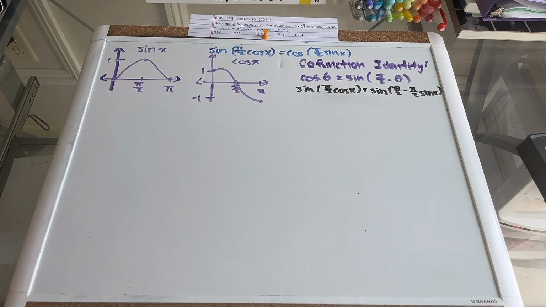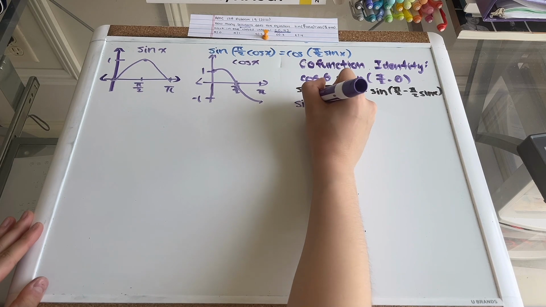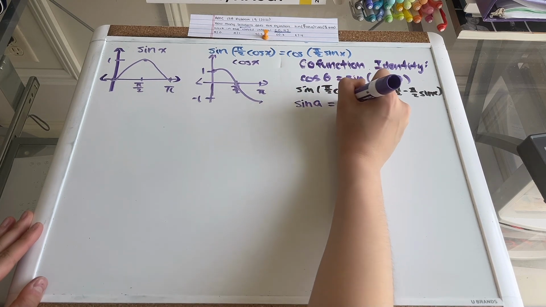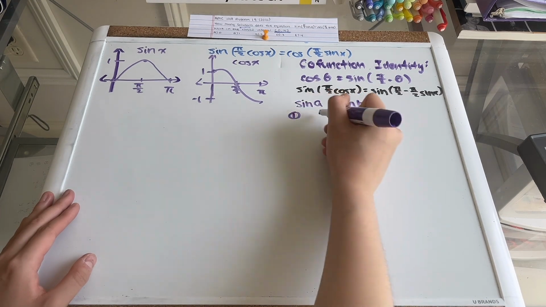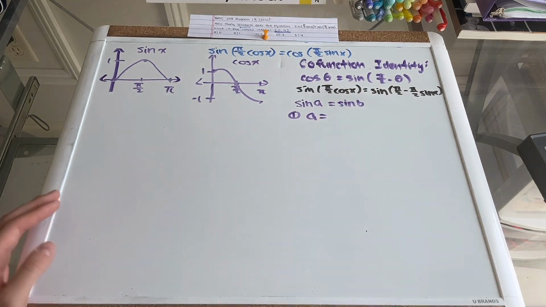We also must know that if the sine of an angle, so let's say sine A is equal to sine B, then there are two things that could be true. The first thing is that they have to be basically the same angle but different variations.